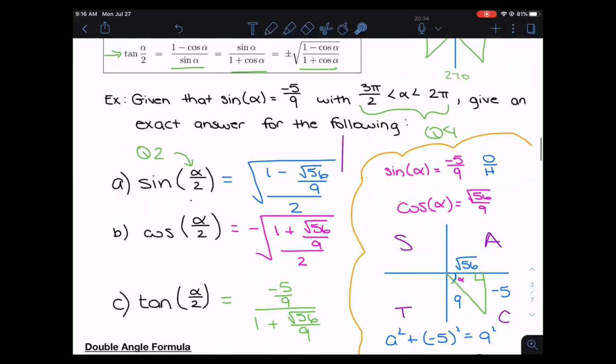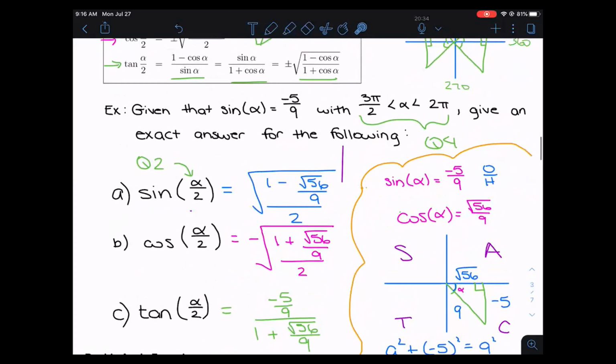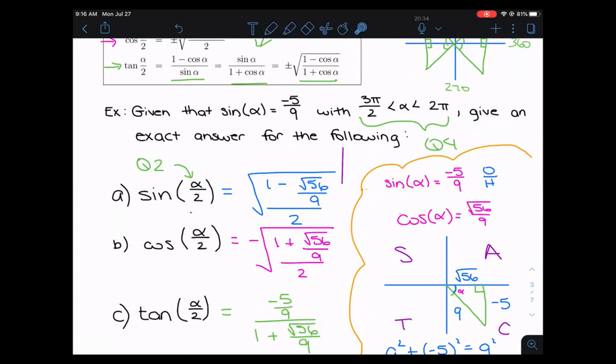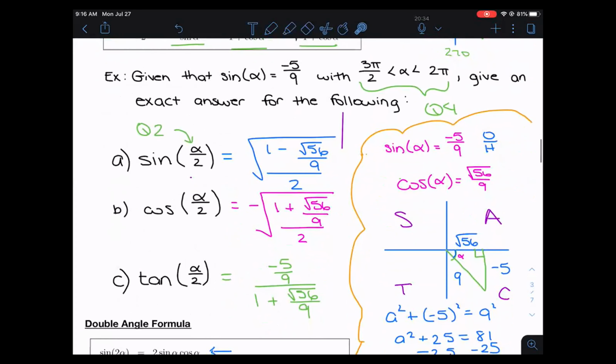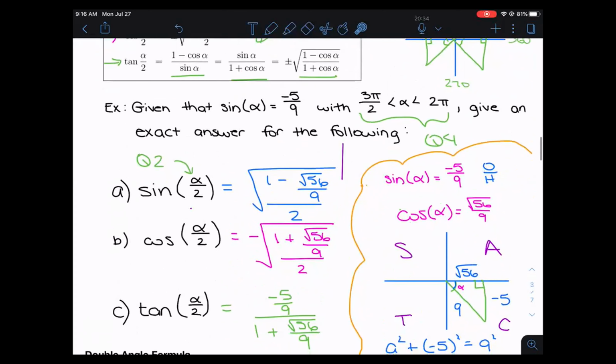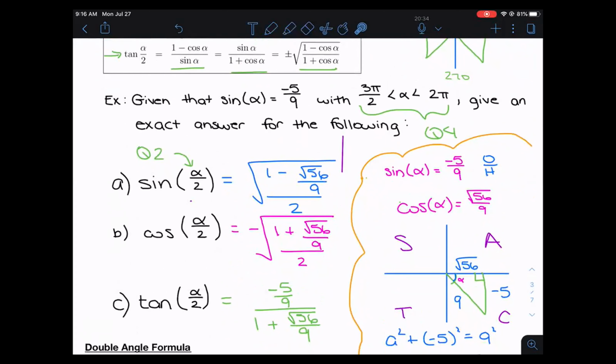And then for tangent, same thing. For tangent, remember that we can use any of these 3 formulas. Pick one, and that's the one you use. I chose to use this middle one, sine of alpha over 1 plus cosine of alpha. We know that sine is negative 5 over 9. That's this part, so I'm just filling it in.